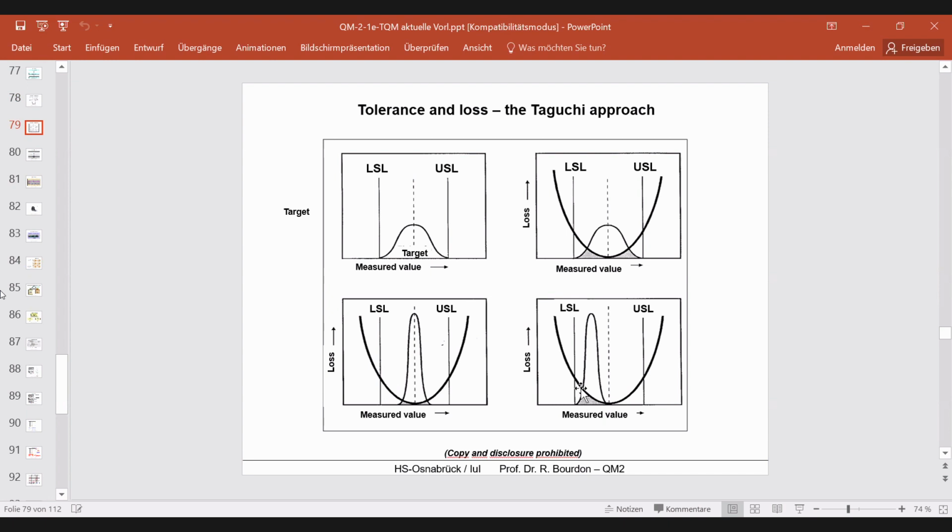This area here, this gray area, this is the loss. Again, two requirements: centering of the process is the first requirement of Taguchi, and the second requirement, of course, is a low variation, small standard deviation.